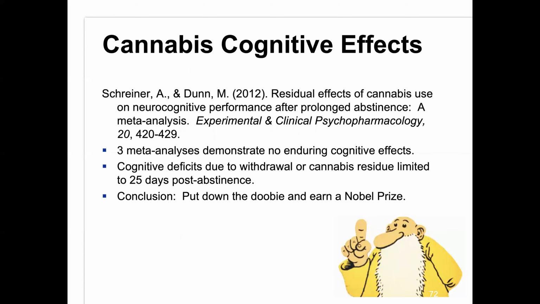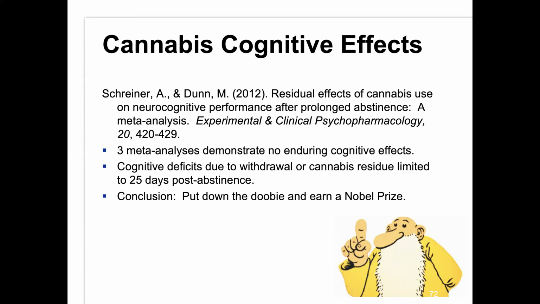Does chronic cannabis use cause irreversible cognitive impairment? This recent meta-analytic study suggests not. Three meta-analyses indicate that cannabis-related cognitive impairments resolve after 25 days of abstinence. Once the THC residuals have left your body and cannabis withdrawal has resolved, one returns to the baseline level of cognitive functioning.